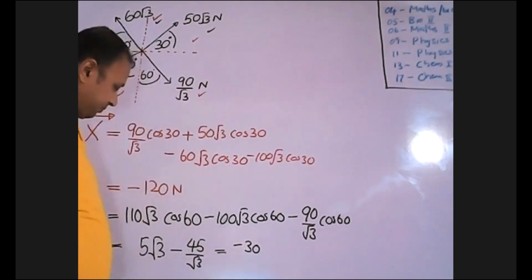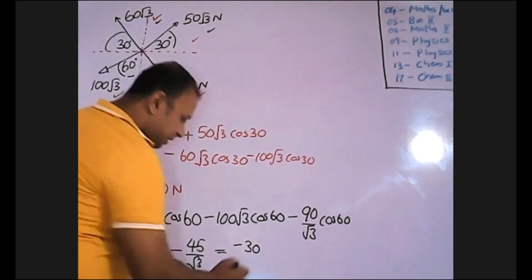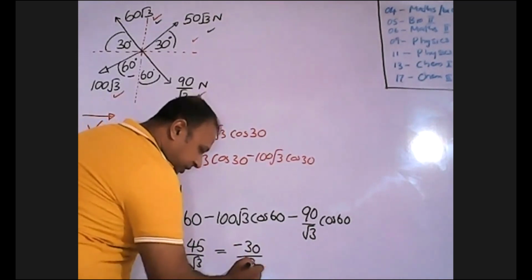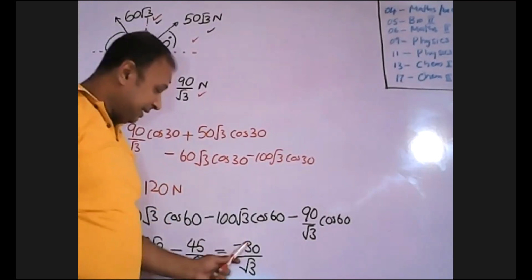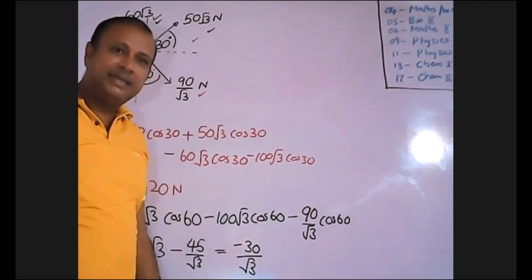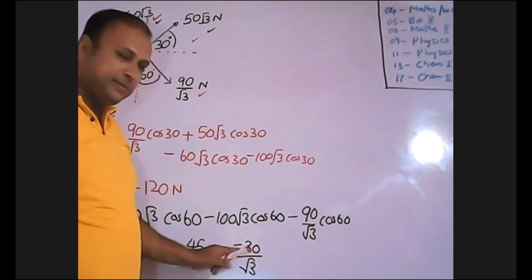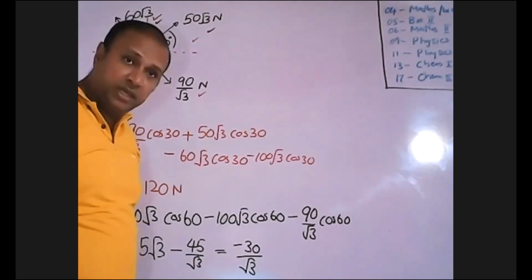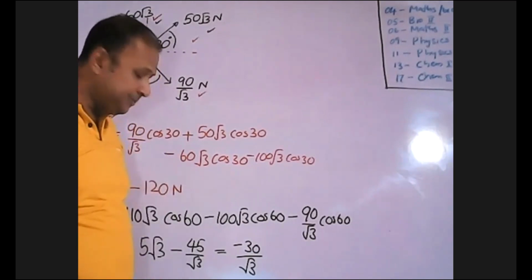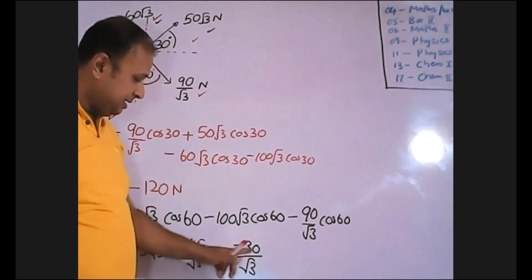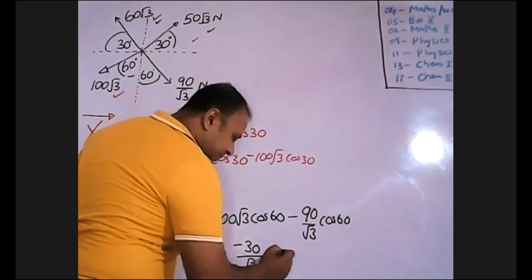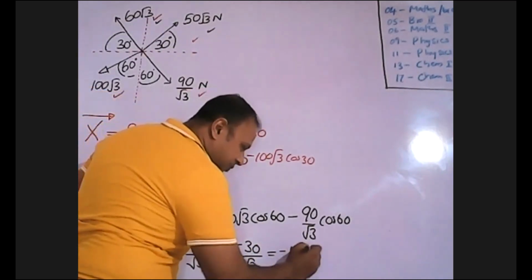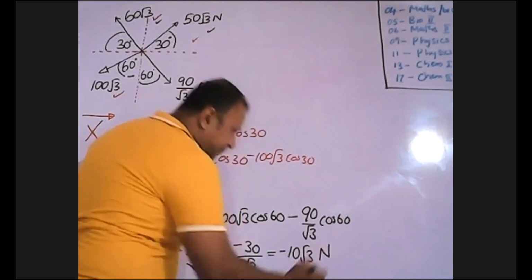Minus 30 over root 3. 30 I can write as 10 times 3. The 3 and root 3 will cancel out in part. The answer is minus 10 times root 3 Newton.